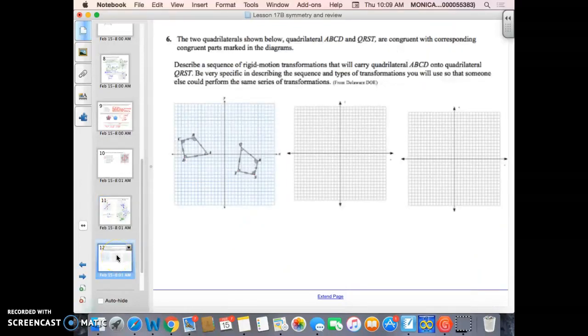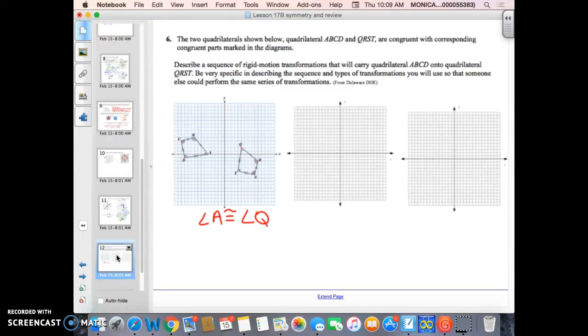All right, so the two quadrilaterals shown below are congruent with corresponding congruent parts marked in the diagram. So when you see angle A here, because it's got one tick mark, I can say that angle A is congruent to angle Q because they both have one tick mark. Okay.